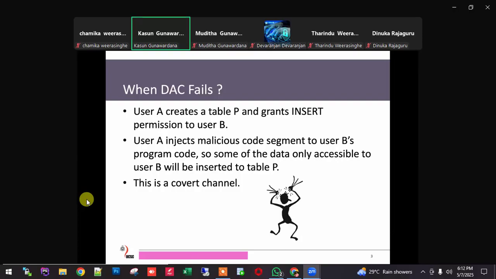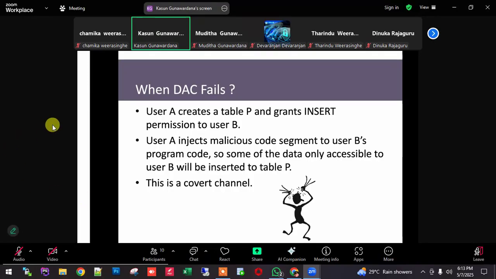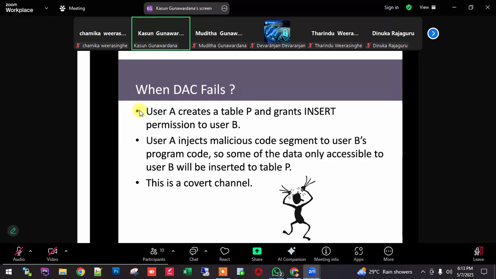So if we take a particular case where discretionary access control fails, this one we discussed earlier as well. Suppose a user creates a table and grants insert privilege to another user.